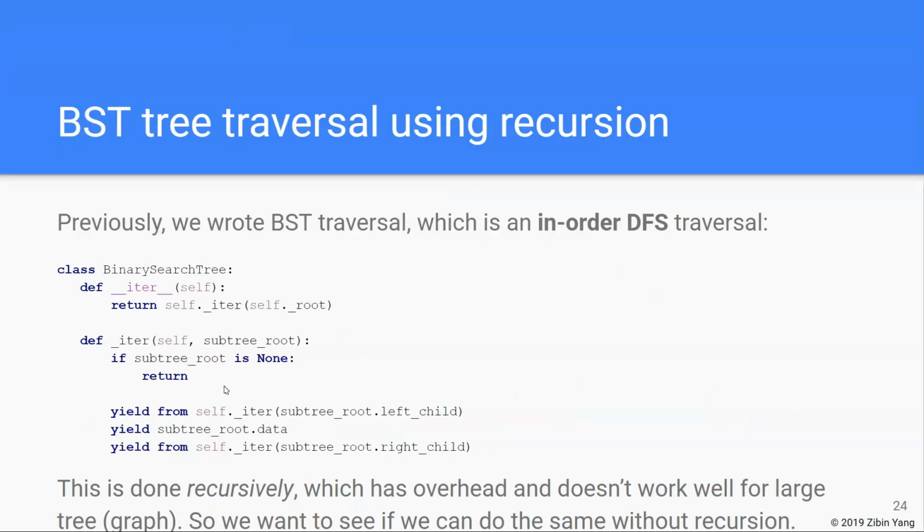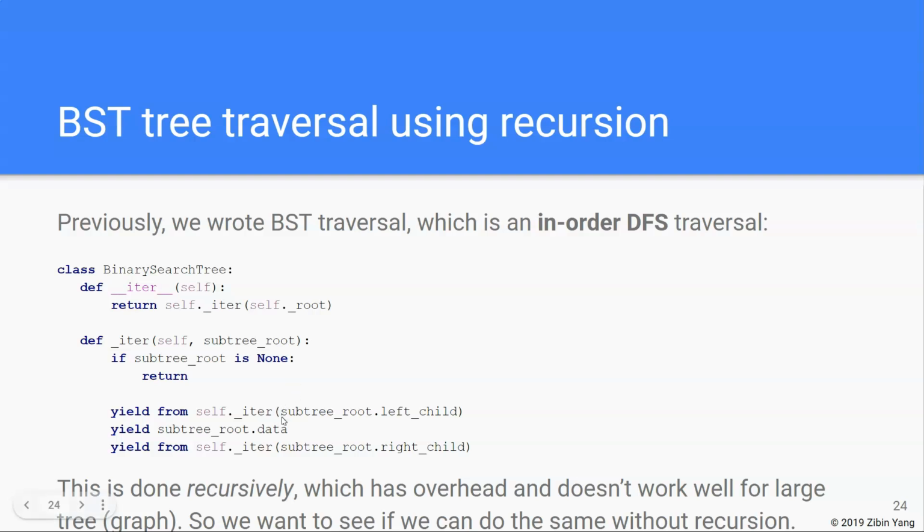Next, let's talk about implementation of BFS and DFS. Now, as a quick review from our binary search tree days, we've already implemented the in-order DFS traversal in the form of a standard iter method, which uses recursion.